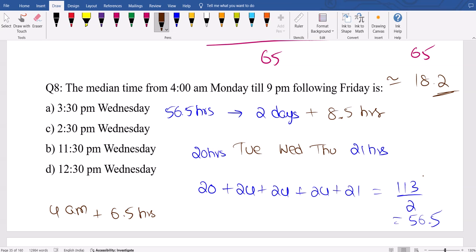From 4 a.m., 2 days means Wednesday 4 a.m. will be there. Plus 8.5 hours. Yeah, sorry, here I mentioned 8.5. 4 a.m. plus 8.5, 12:30 p.m. Wednesday is correct.